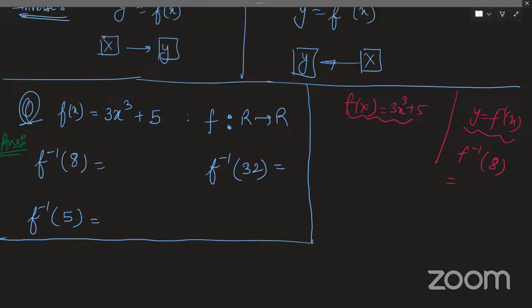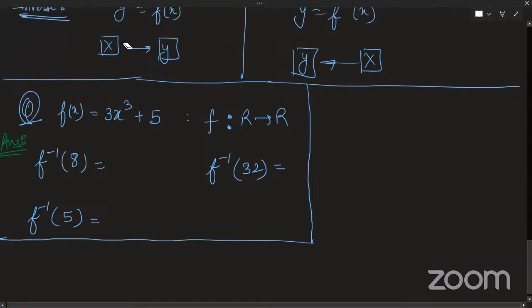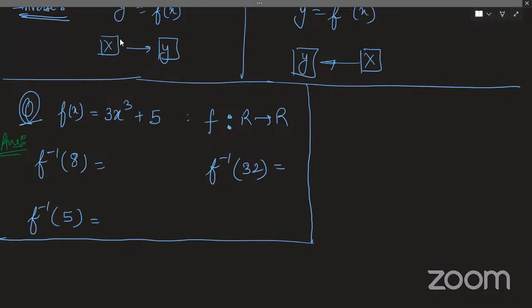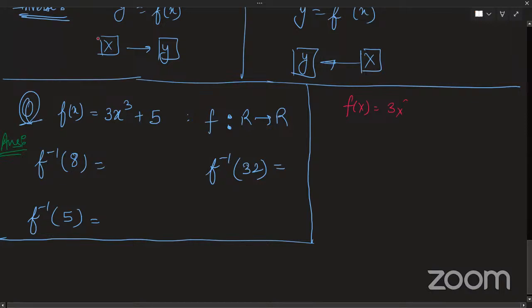Sir, it is 1. Yes, it is 1. See, I am inputting a value over here. Then what is it telling me? It is telling me what value I should have inputted in f of x so that I got the value that I am inputting over here.